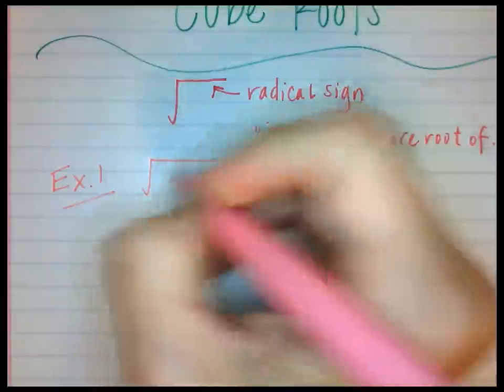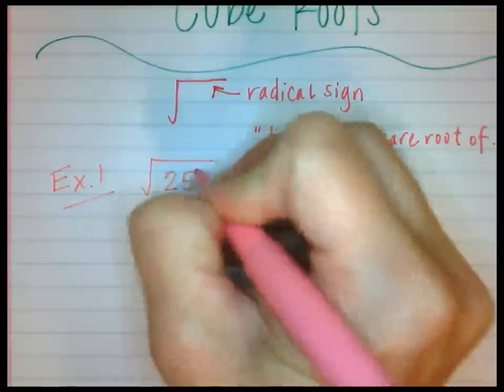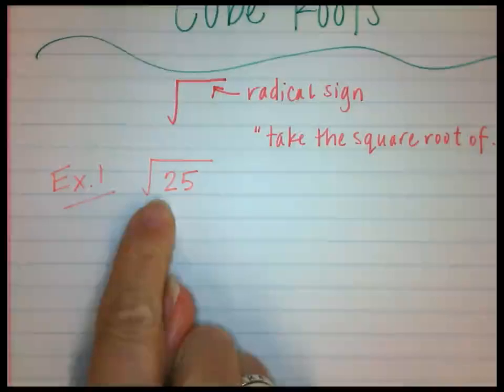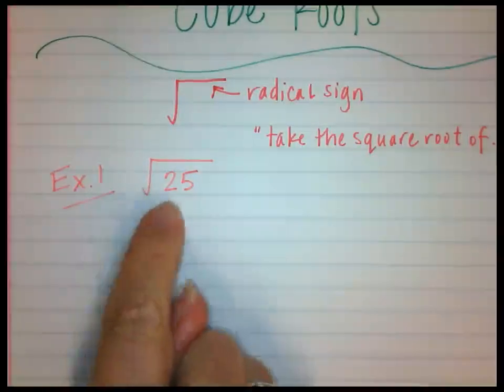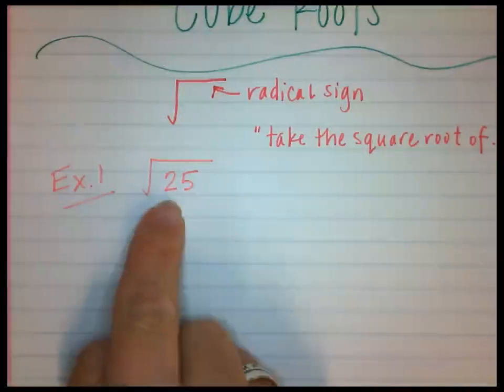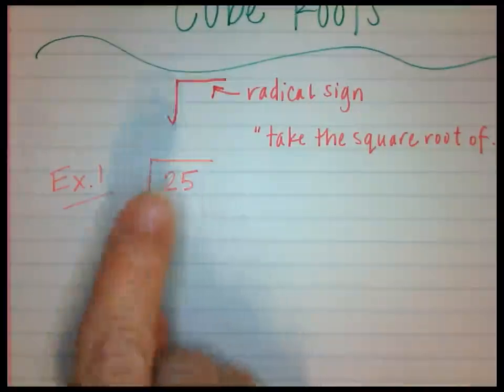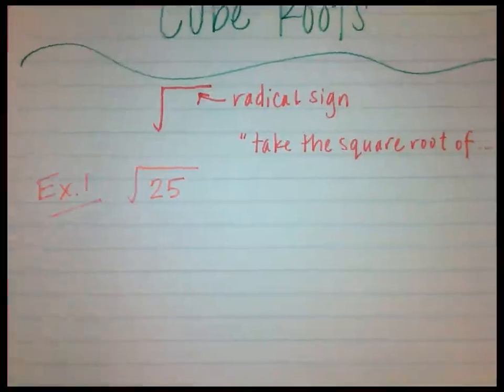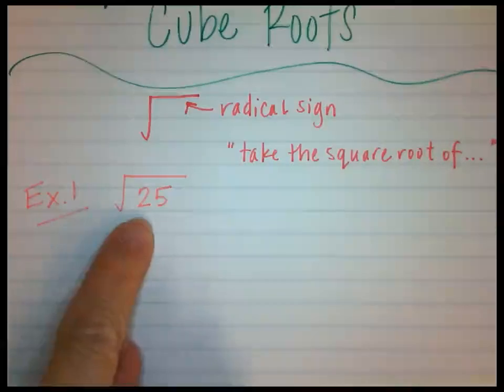If we had this written as a question, this is saying the square root of 25. That's how we would say it, the square root of 25. What this means is that I want to know what number did I multiply by itself to get 25.